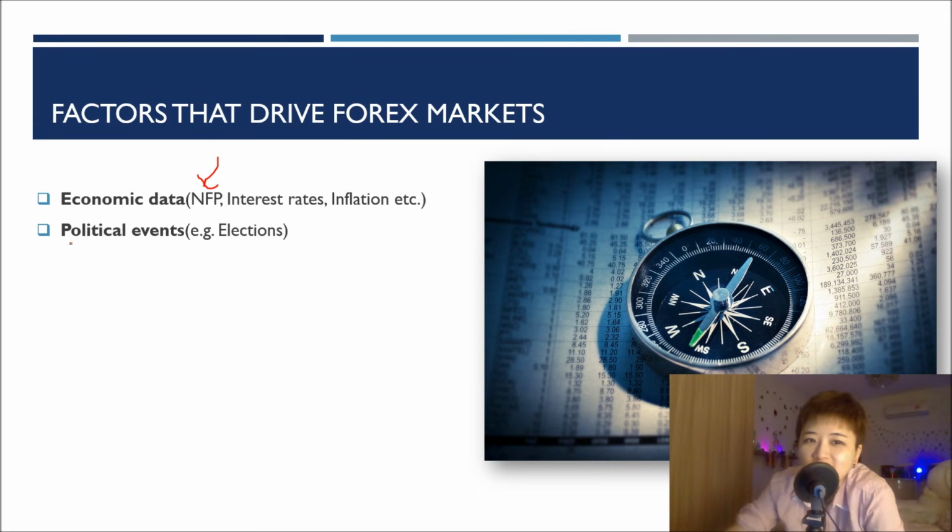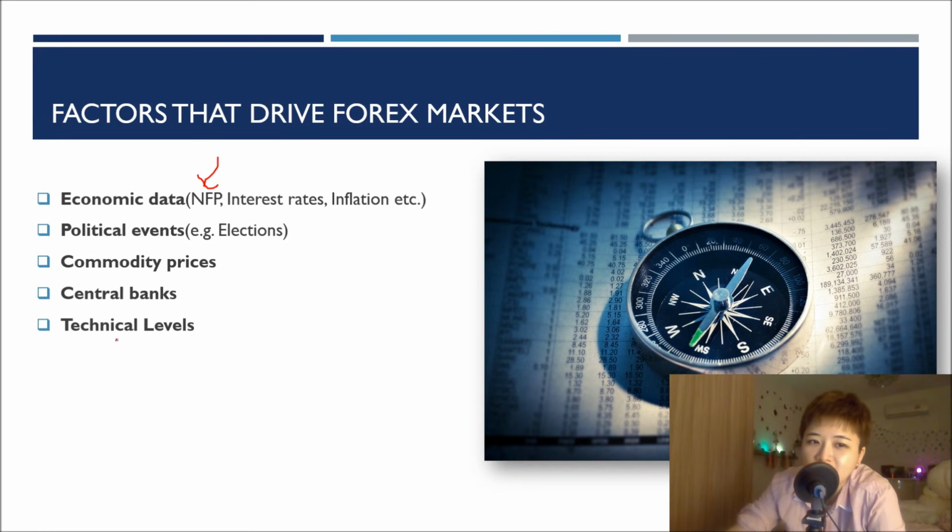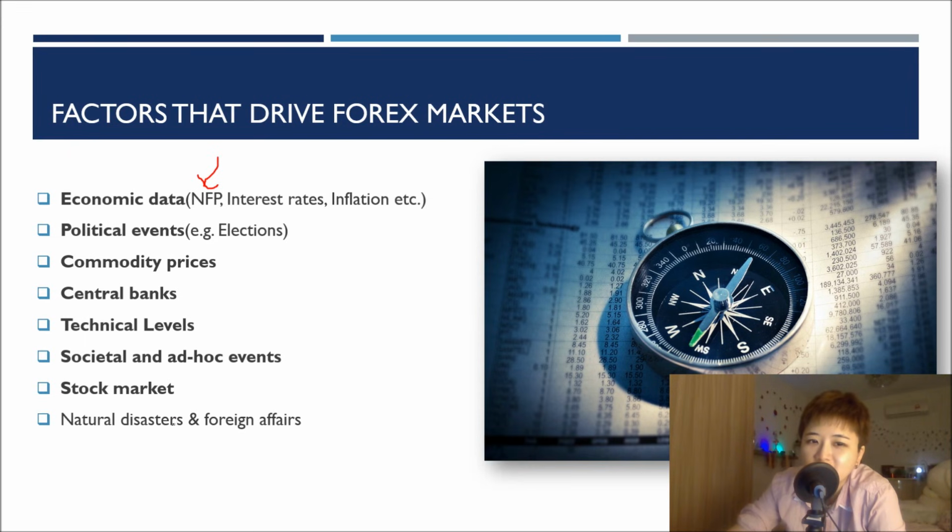Next thing, political events, elections, which is this year, so take note of that. Commodity prices will also drive Forex markets. Central banks, technical levels, societal and ad hoc events. Stock market will also have an impact. Natural disasters and foreign affairs.